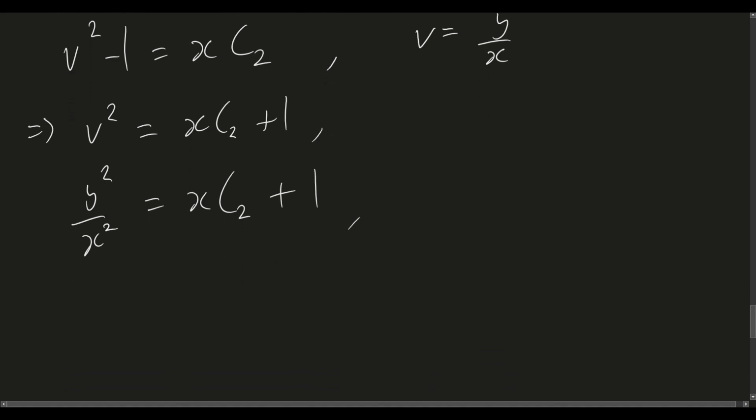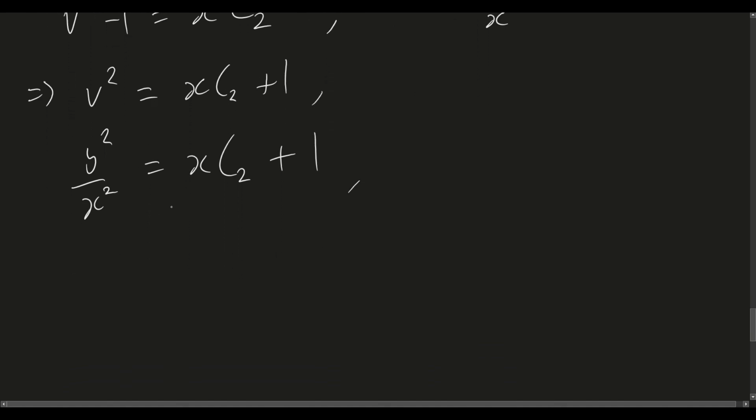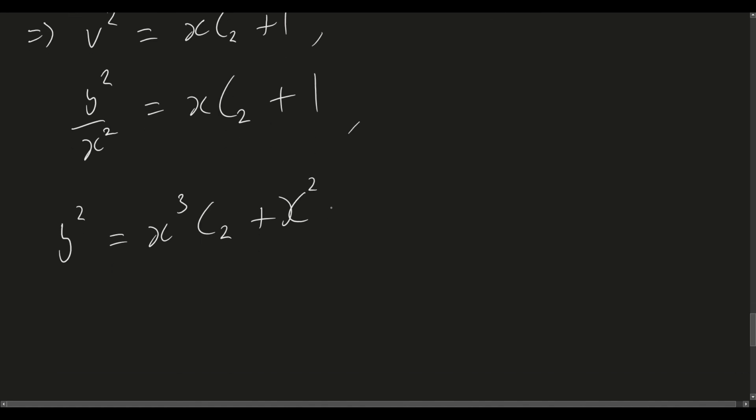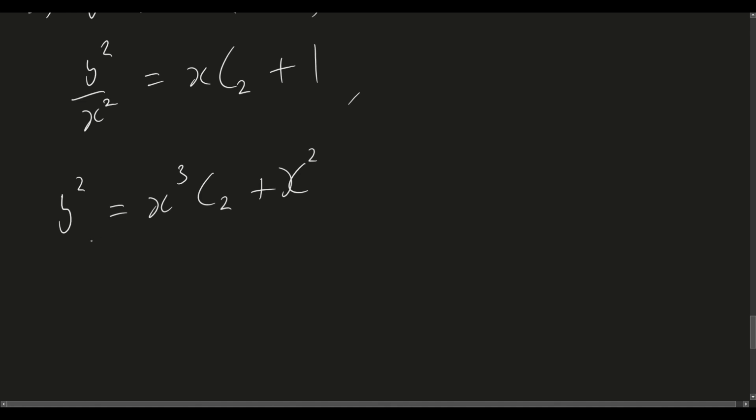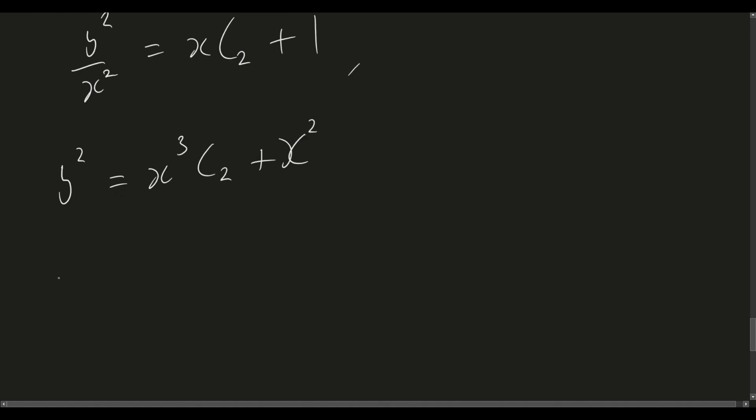Alright, fantastic. So again, we're just looking to solve for y here, so we'll keep going. We'll multiply both sides by x squared, and we have y squared is equal to x cubed c2 plus x squared. And at this point, all we need to do is take the square root of both sides, and then we are done.